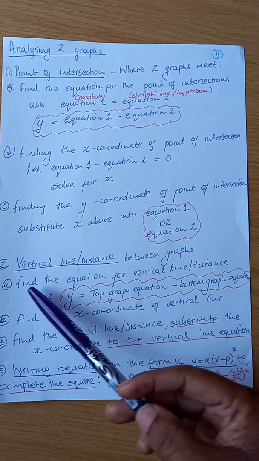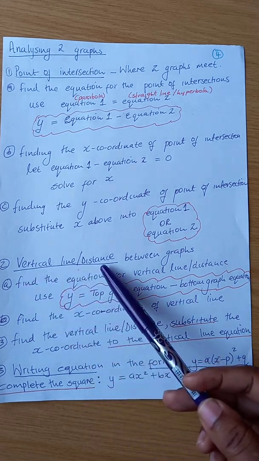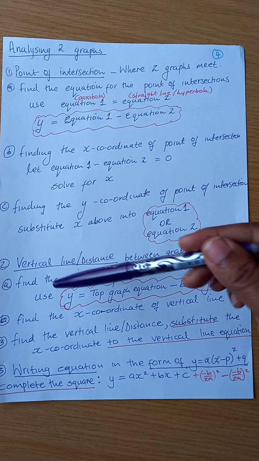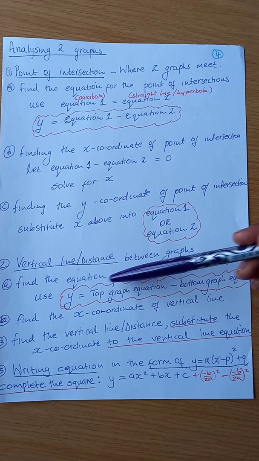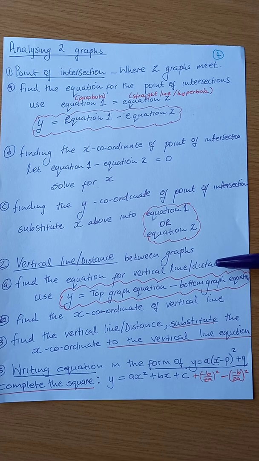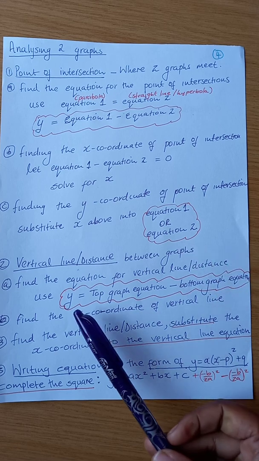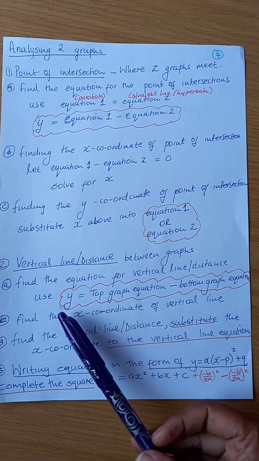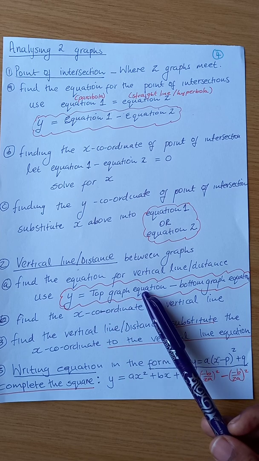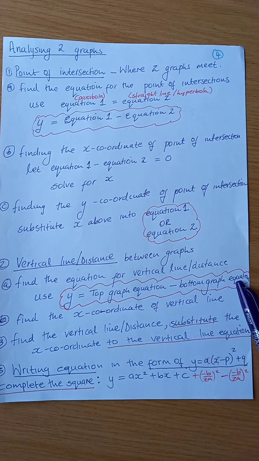Now, they also sometimes ask you for the vertical line distance between the graphs. You need to start by finding the equation for the vertical distance. How do we find that equation? You say y equals the top graph equation minus the bottom graph equation.